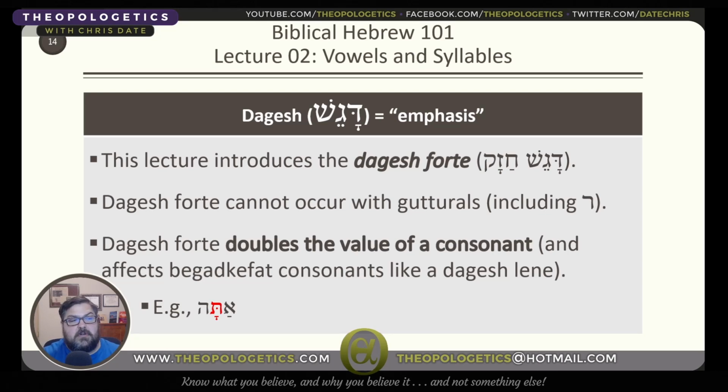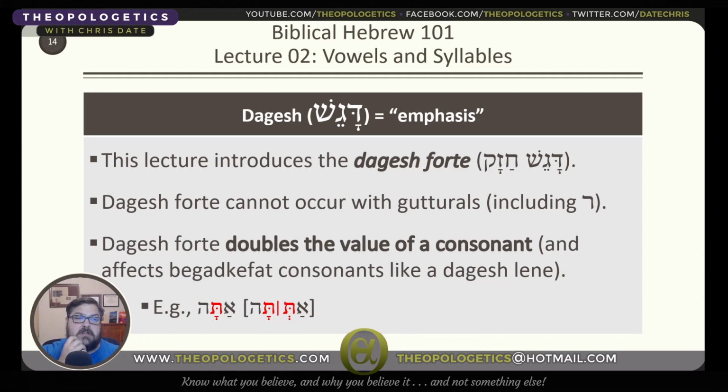In the Hebrew word ata, this means you to a masculine recipient of the one you're speaking to, ata. That Dagesh in the tav is a Dagesh forte, and you'll learn about how to tell the difference in a moment. So what that means is that this is actually two syllables, and the tav is actually doubled.